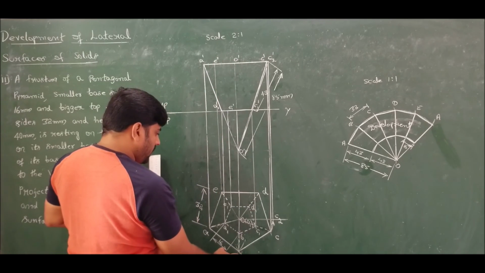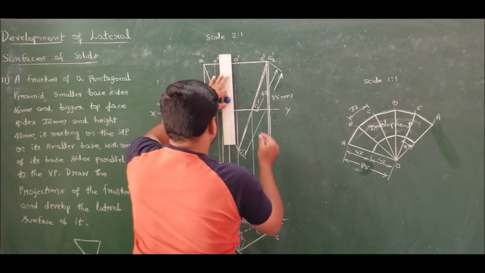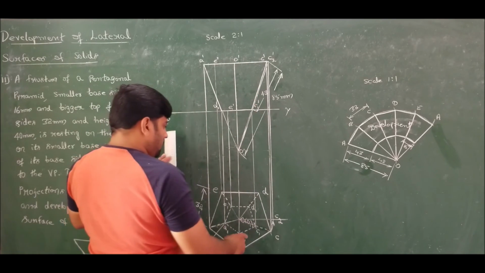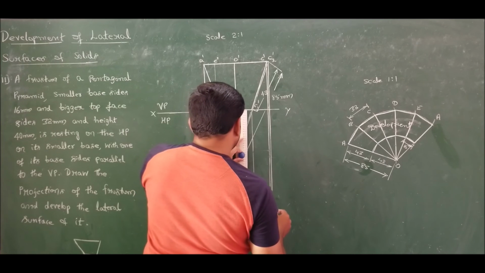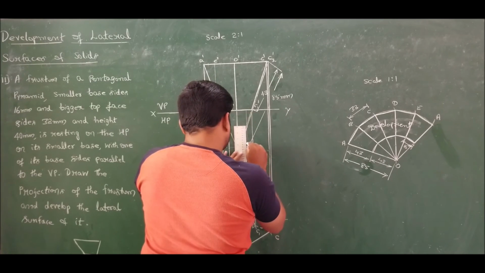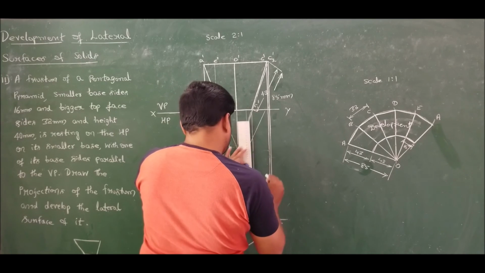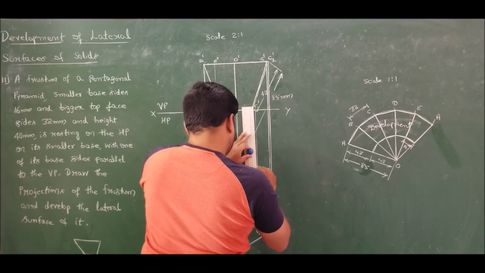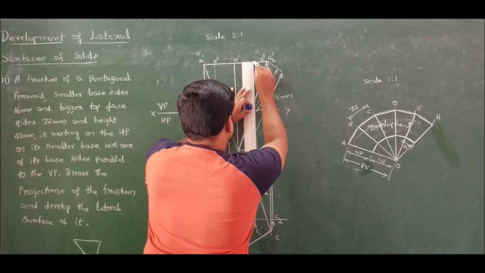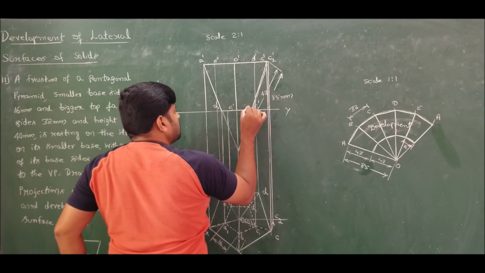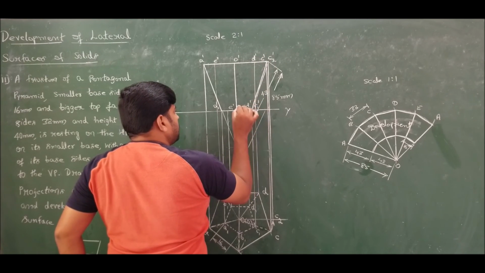Similarly we have BB1, and then we have DD1, take projection for DD1. This is D1 and take projection for D also. So this will be D dash and this will be D1 dash. Here we have B1 dash, B dash.